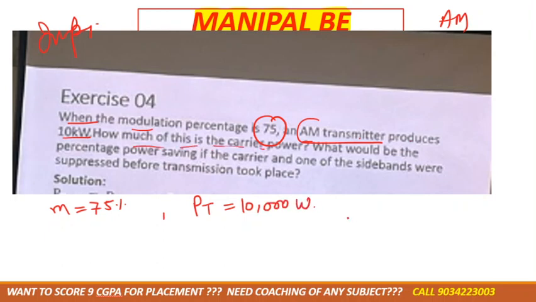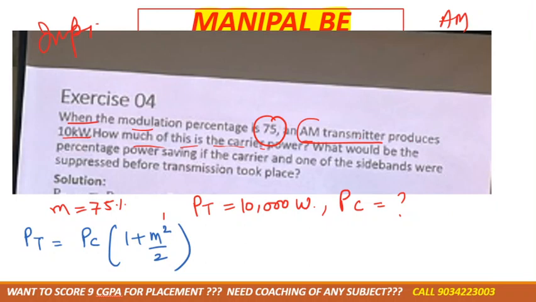How much of this is the carrier power? Carrier power means we need to calculate the value for PC, correct? We just did the formula, that is PT is equal to PC into 1 plus m square divided by 2, correct? So from that we know PT, we know the modulation.